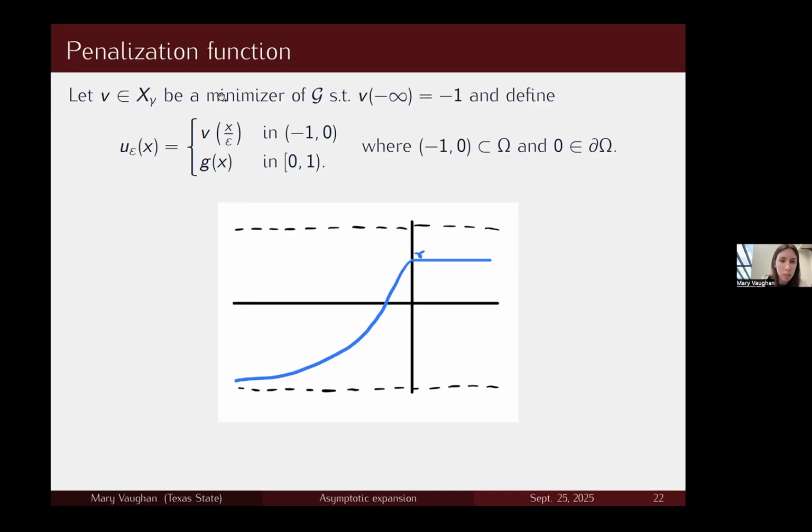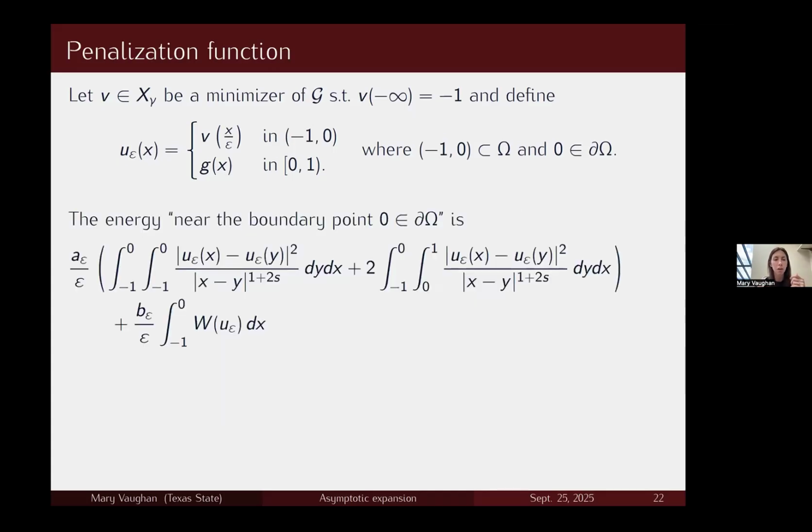I'm going to take this minimizer up here and rescale by x over epsilon, similar to what's done in the interior. Looking at this picture, as epsilon goes to 0, this jump becomes sharper and sharper, so that in the limit you go to -1 up to gamma, and then of course G in the complement. So this is what we want to use to make the connections at the boundary.